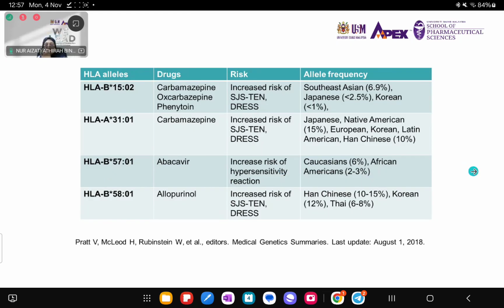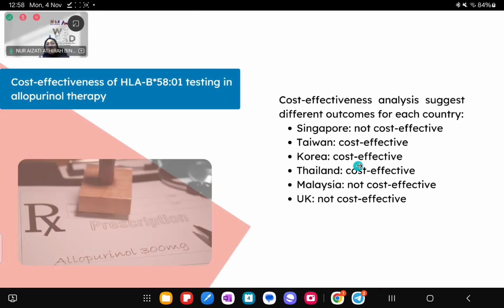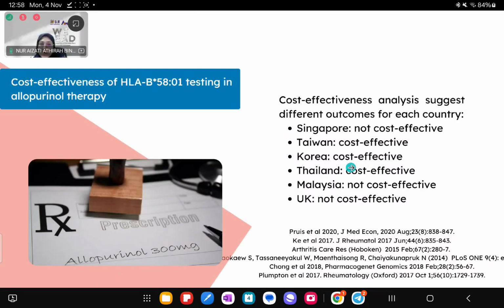But mainly because our population is more prone to having this frequency of HLA-B 1502 and 3101, it's recommended in our Southeast Asian population to check this marker before the patient is started on anti-epileptics, carbamazepine and phenytoin especially.